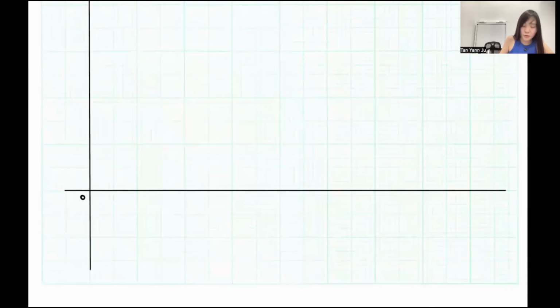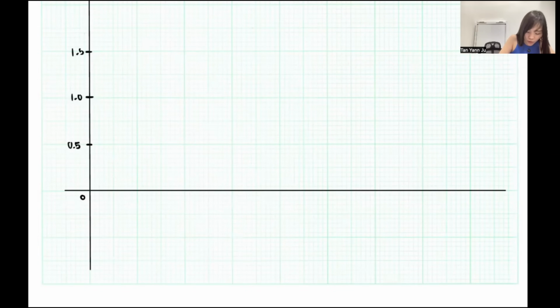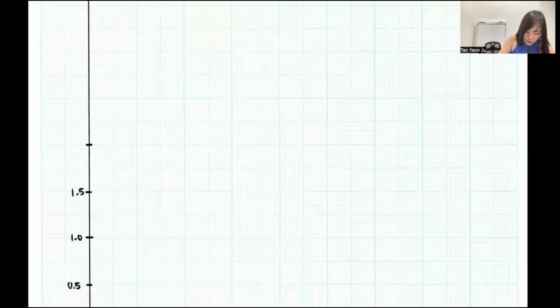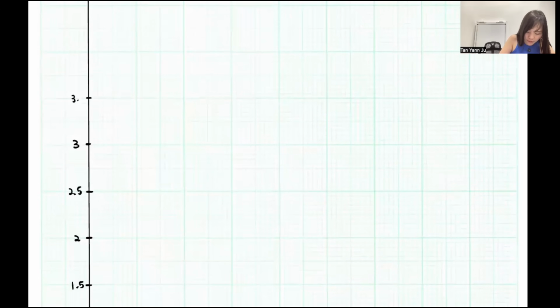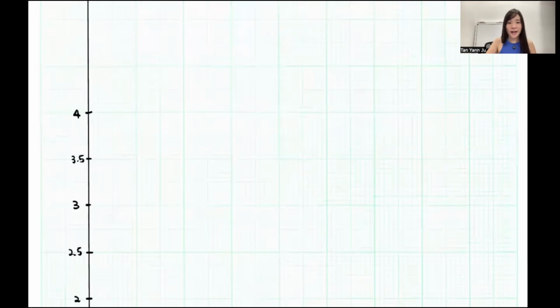So if here is 0, the height is 2 cm per 0.5 units. So this one is 0.5 every 2 cm. So 1.0, 1.5, 2.0, 2.5, 3.0, 3.5, 4.0. Okay, guys, I can exactly cover until 4.